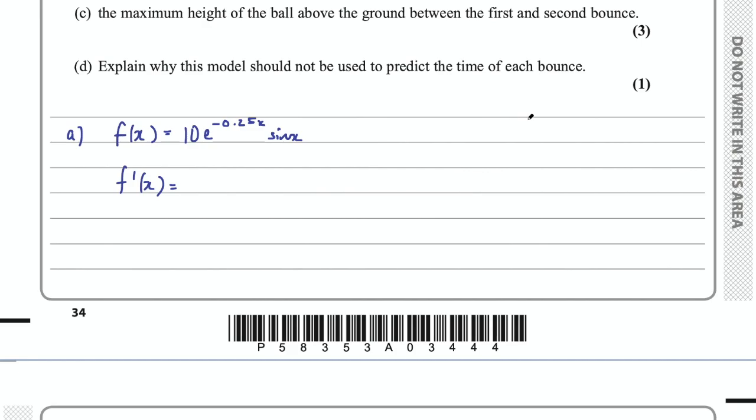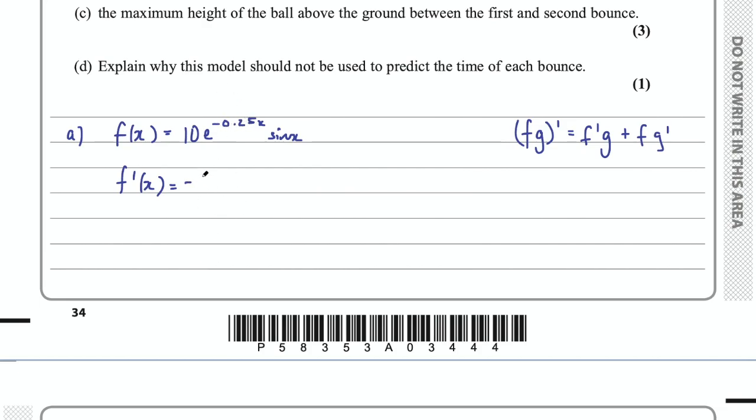The product rule says if we're taking the derivative of f times g, this is f prime times g plus f times g prime. And so f prime, well, this is my first function, e to the power of negative 0.25x. In this case, I need to use the chain rule, so multiply by that coefficient of x there.